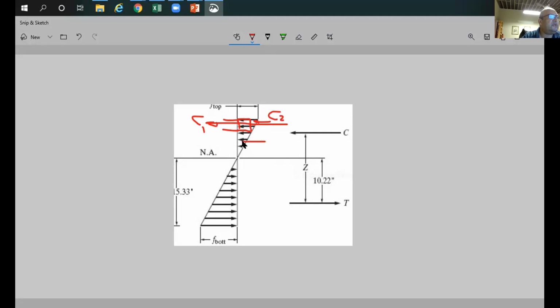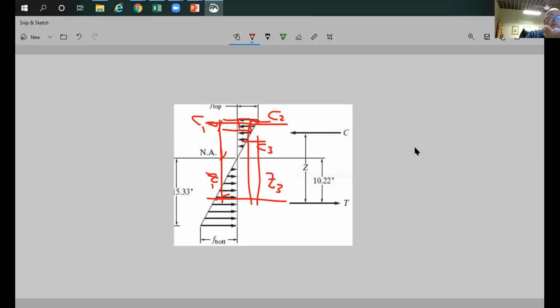For the web, the force is going to be C3. Now where's Z1? Z1 is going to be going to here. From here, not from here, excuse me. It's going to be from here to here. This here is going to be Z1. And Z2 is going to be this one to that point, to the force C2. Z3 is going to be this one, Z3.